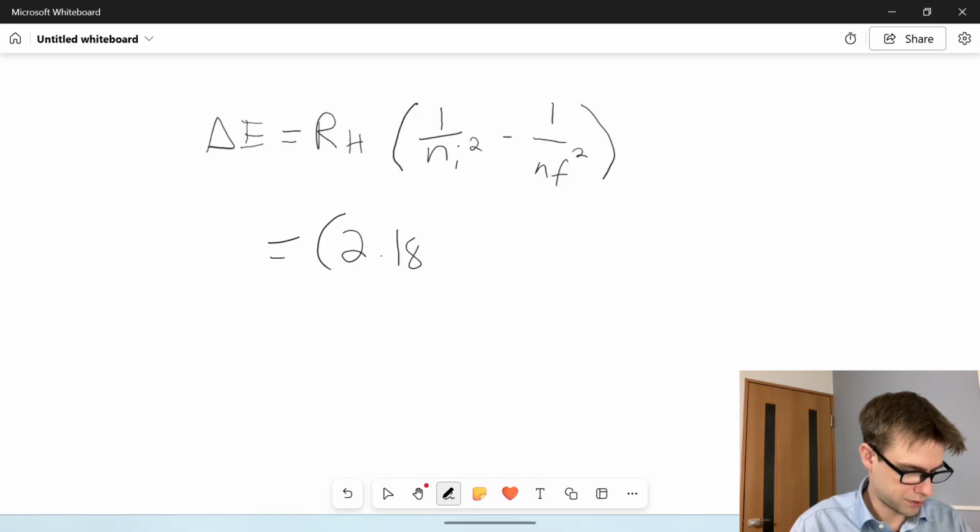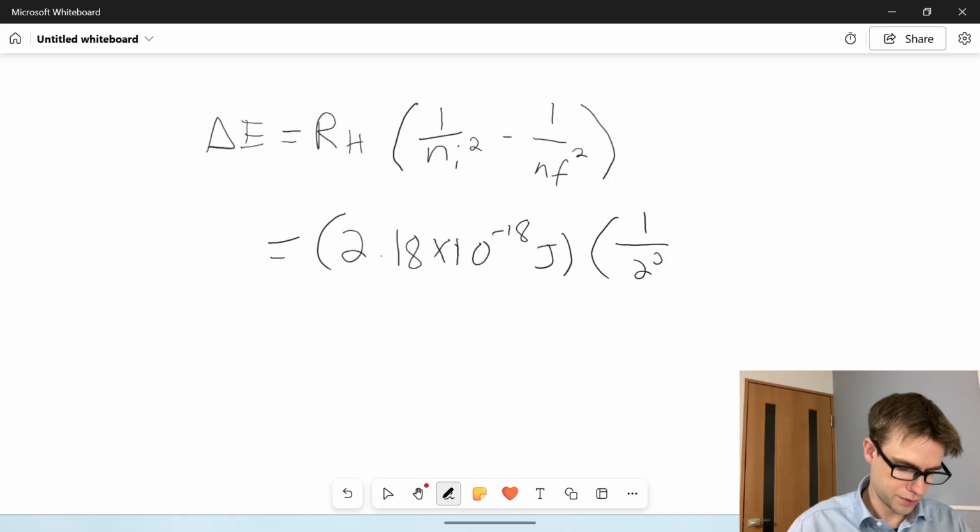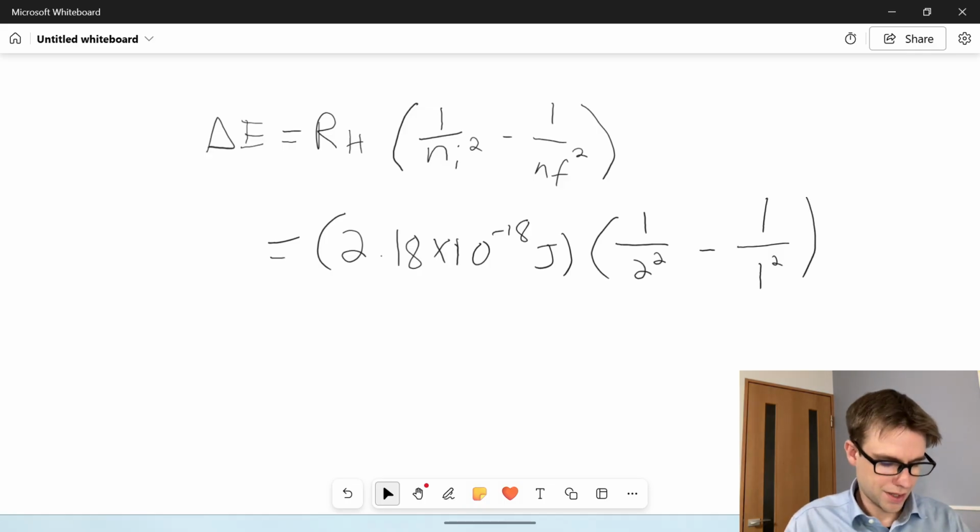Rydberg energy constant, 2.18 times 10 to the minus 18 joules, multiplied by 1 over 2 squared, and minus 1 over 1 squared. So anything that involves level 1 is quite easy, right?